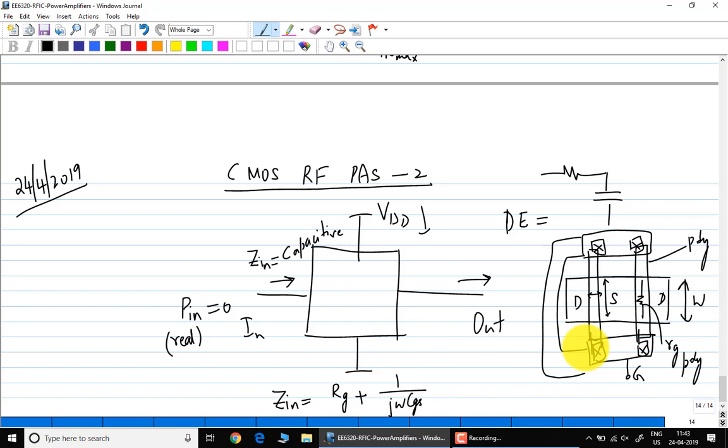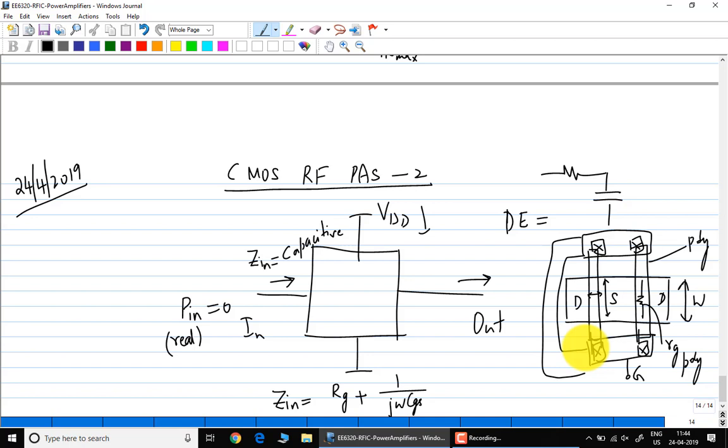How much real power do you give in? It is Rg times IRMS squared going into the gate. How will you find that out?